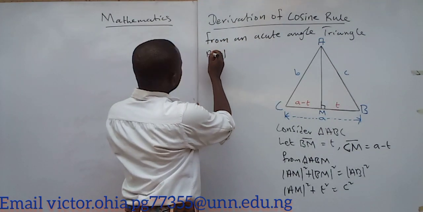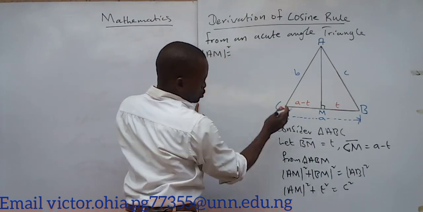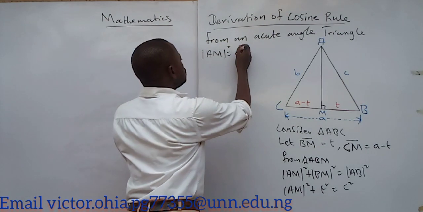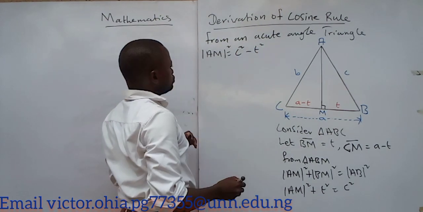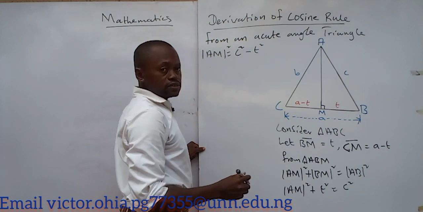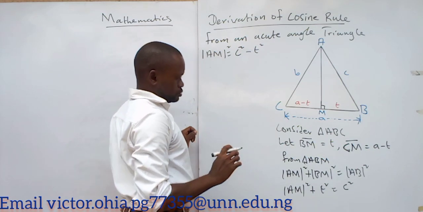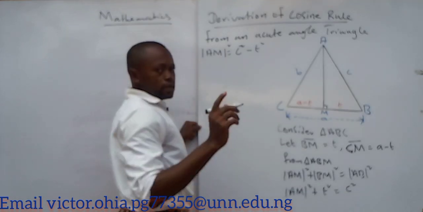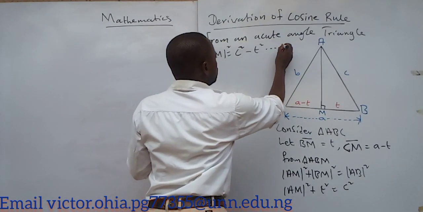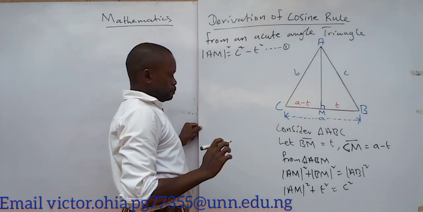AM squared will be equal to, this goes over here, C squared minus T squared. I'm sure that is very clear. I am not going fast, so that you understand every step I take here. Let us call this equation 1. Is that okay?